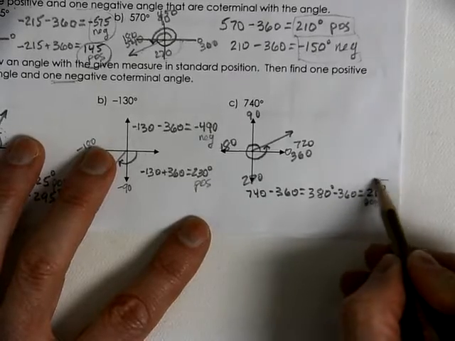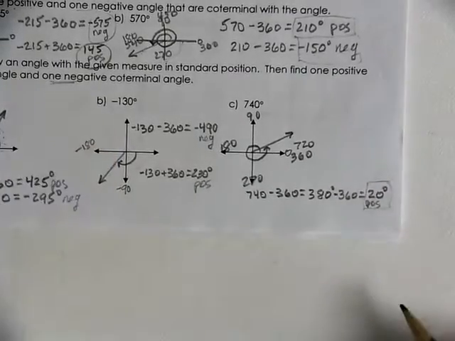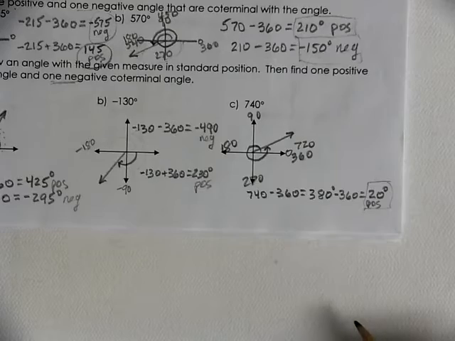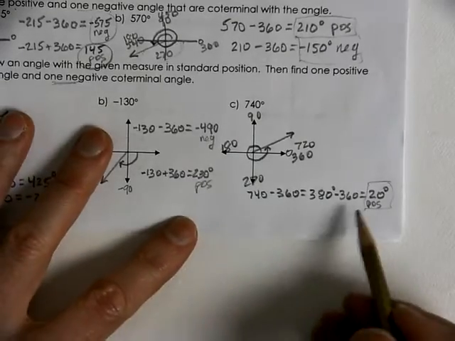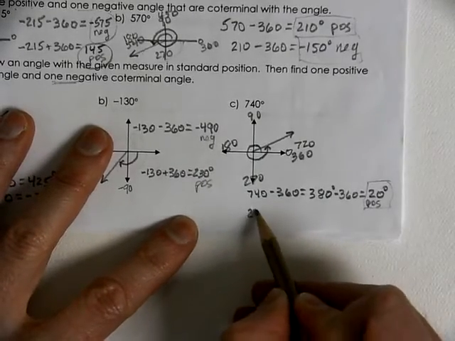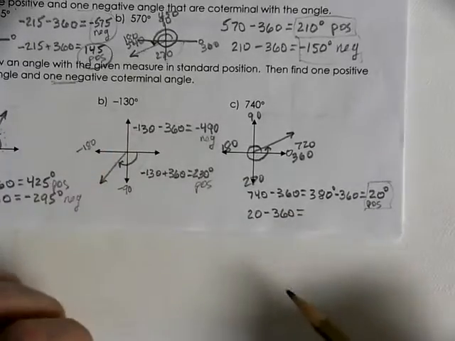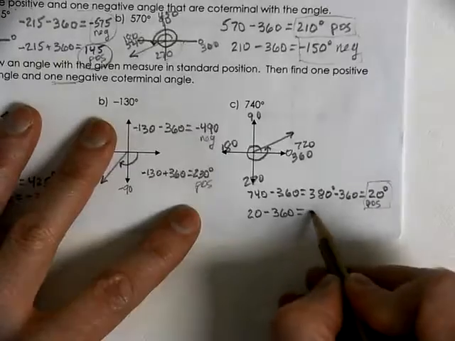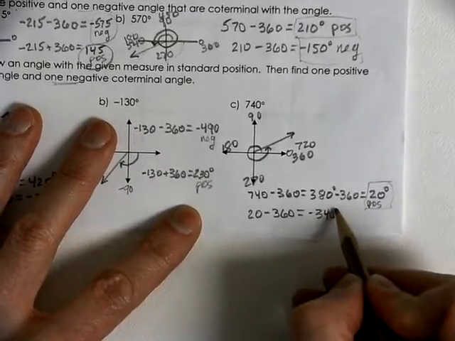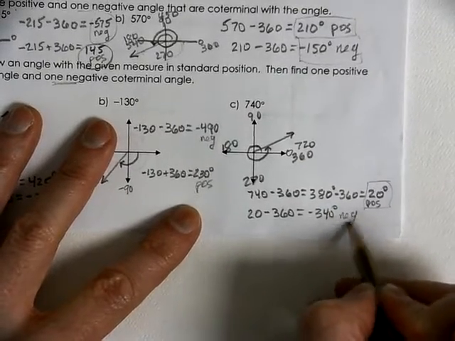I'll call that my positive answer, but they both are positive coterminals. But now I have to subtract 360 degrees again to finally get into the negative zone, and that would be negative 340 degrees. That would be my negative answer.